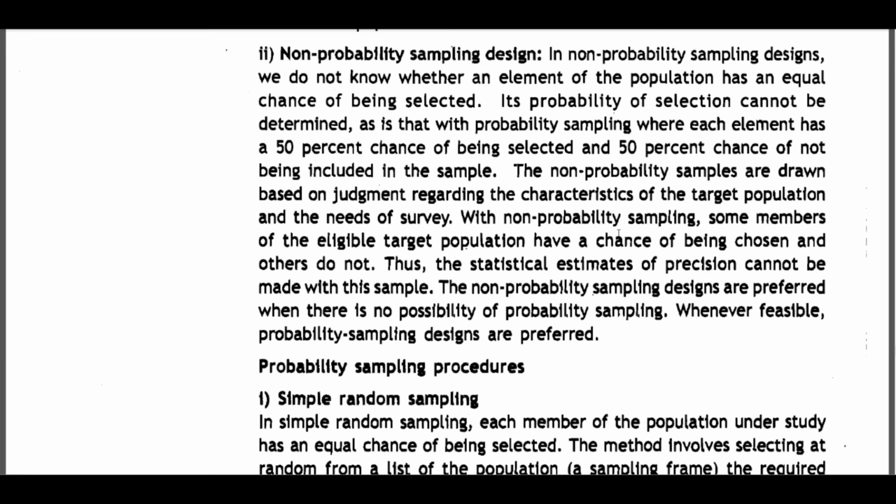With non-probability sampling, some members of the eligible target population have a chance of being chosen and some do not. Statistical estimates of precision cannot be made with this sample. Non-probability sampling designs are preferred when there is no possibility of probability sampling. Whenever feasible, probability sampling designs are preferred.